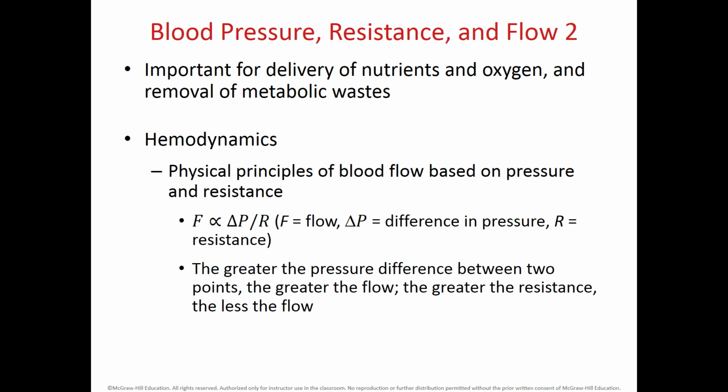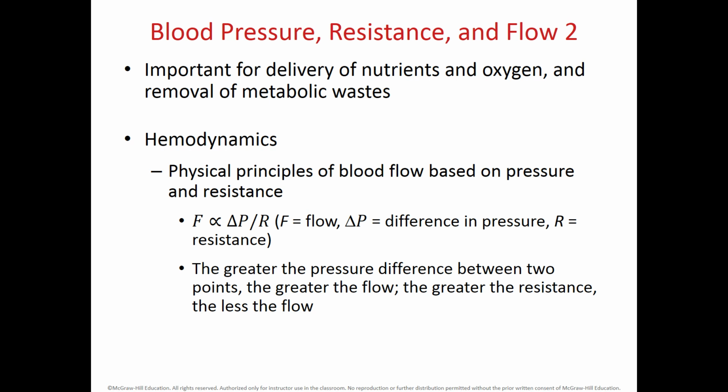And in order to study this, we have hemodynamics. In hemodynamics, you use physical principles to understand the blood flow. So in this formula that you can see here, blood flow is directly proportional to a change in pressure and inversely proportional to the resistance. What it means is that when you have more difference or gradient in the blood pressure, you will have more flow.